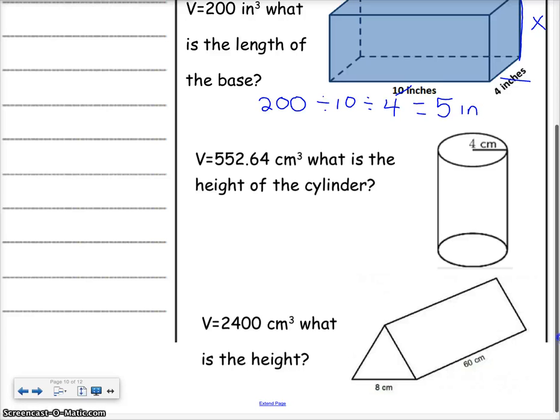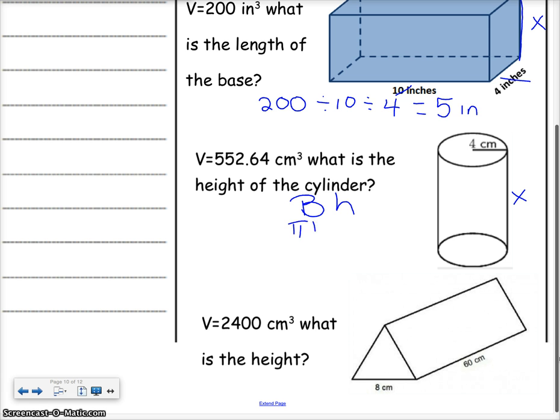Okay, the next one. If the volume is 552.64 cubic centimeters, what is the height of the cylinder? So I want to know what's the height of that cylinder. I like to just go ahead and write my formula down so I can keep track of working backwards.